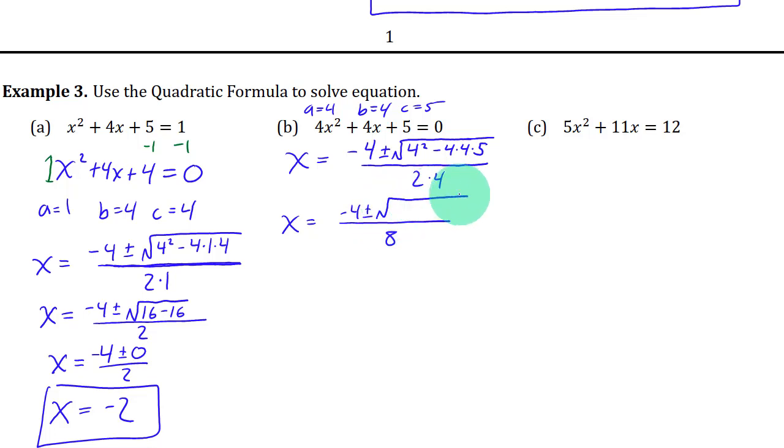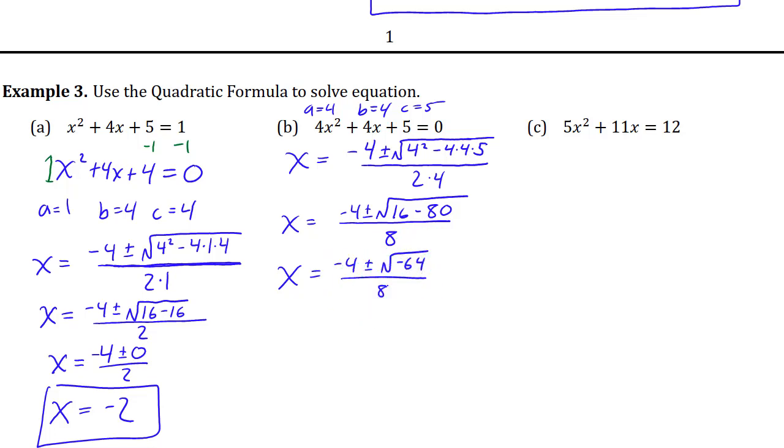Okay, and inside this big square root, we have 4 squared, which is 16, minus 4 times 4, 16 times 5 is 80. So this is going to be 16 minus 80, which is a negative number in the square root. Negative 64.